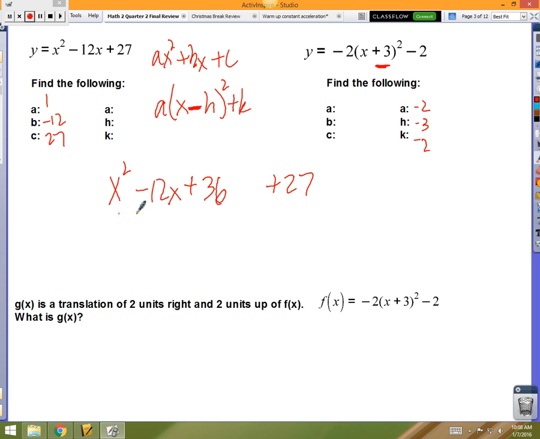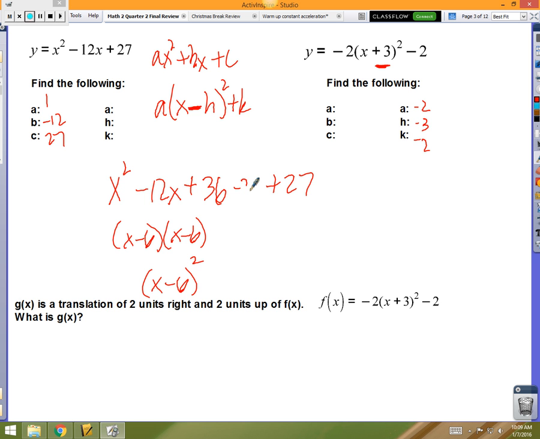Because if it is 36, that will factor to x minus 6 times x minus 6, which is a perfect square, x minus 6 squared. The problem is they did not give me 36, they gave me 27. So I just scooted 27 over and I added 36. So the moment that you add 36, you need to take it right back away.